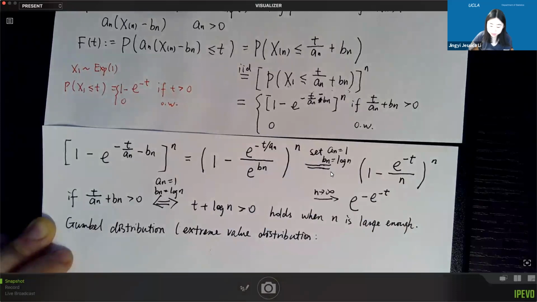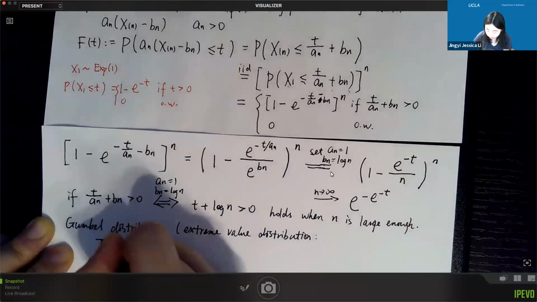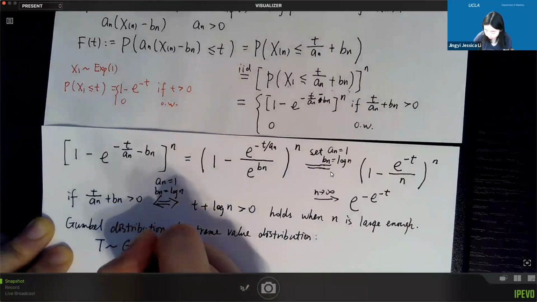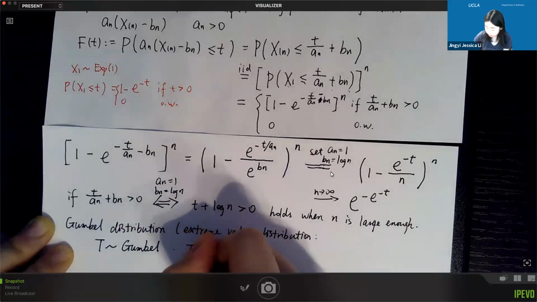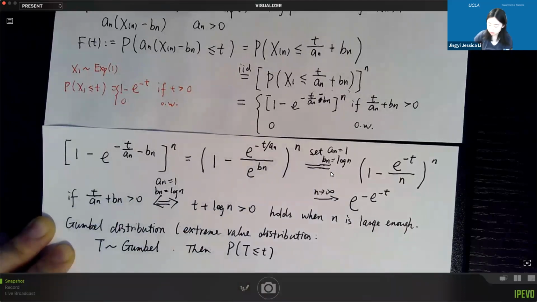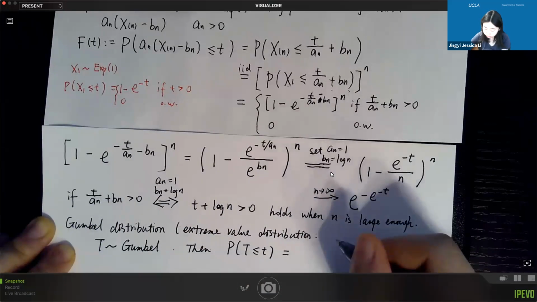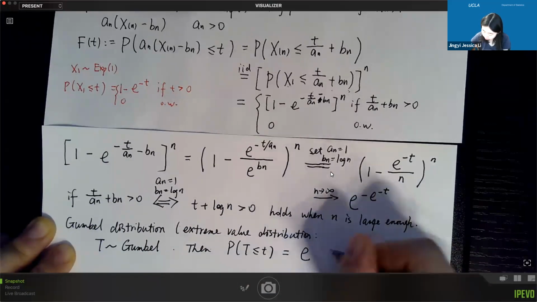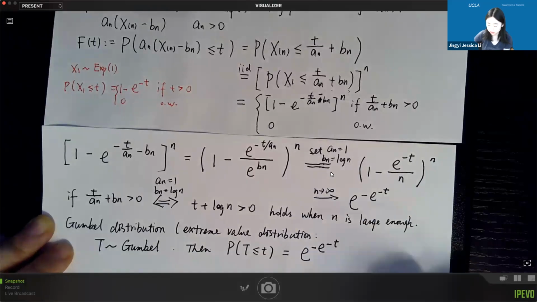So what this means is that if T follows Gumbel distribution, then the CDF of this T is equal to exponential to negative exponential to negative t. That's the CDF.